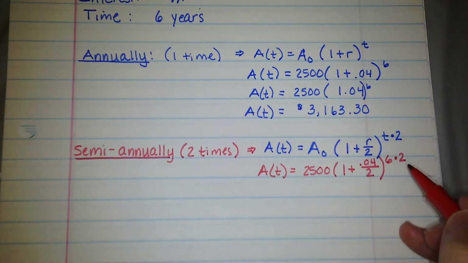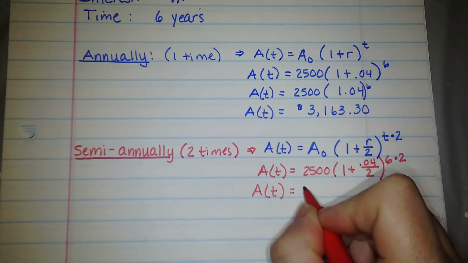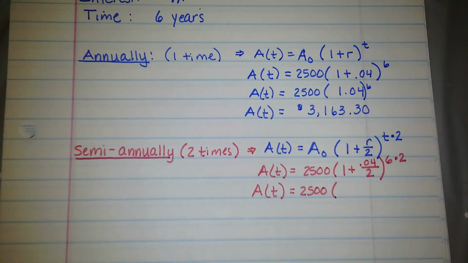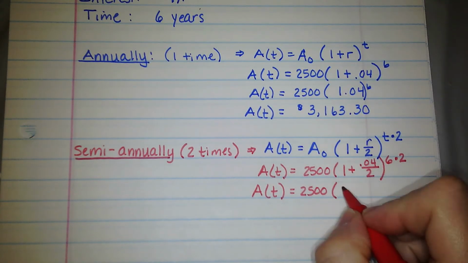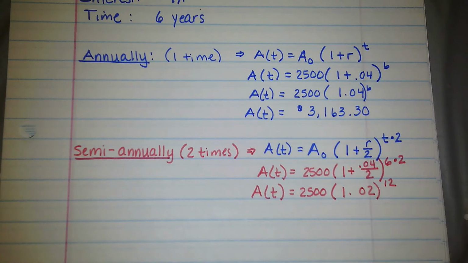So 6 times 2 is 12. So that part goes there. Now I'm going to clean this up a little bit. I have to take the 0.04 divided by 2 and then add 1 to it. So that's 1.02. And that's to the 12th. Now I can type it in.